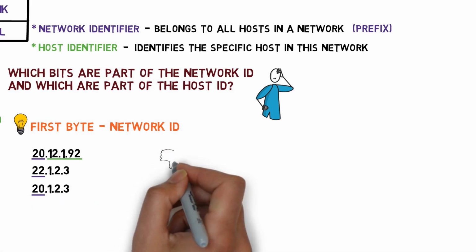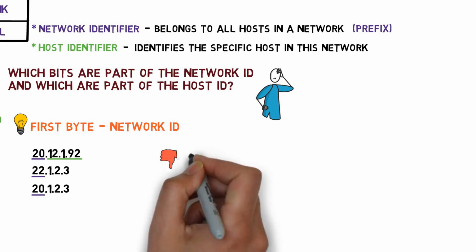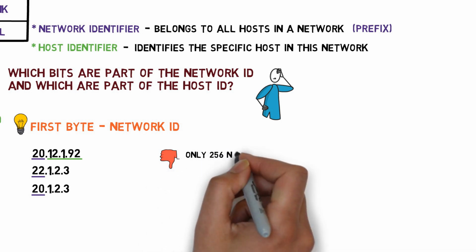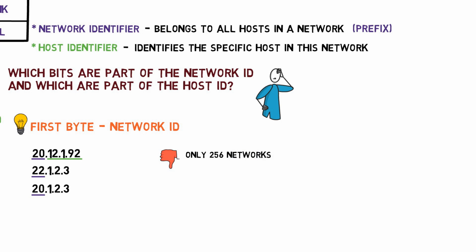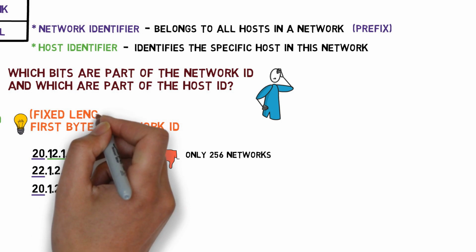Well, what are the disadvantages here? We only have 1 byte or 8 bits to represent our network ID. That means we only have 2 to the 8th power, or 256 different networks. Obviously, we have way more networks than that in the real world. So, in general, using a fixed length for the host ID is just not flexible enough.